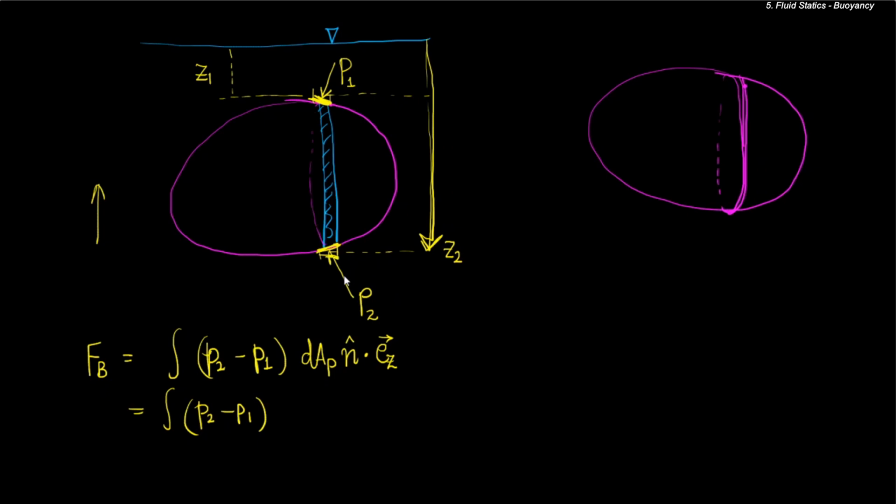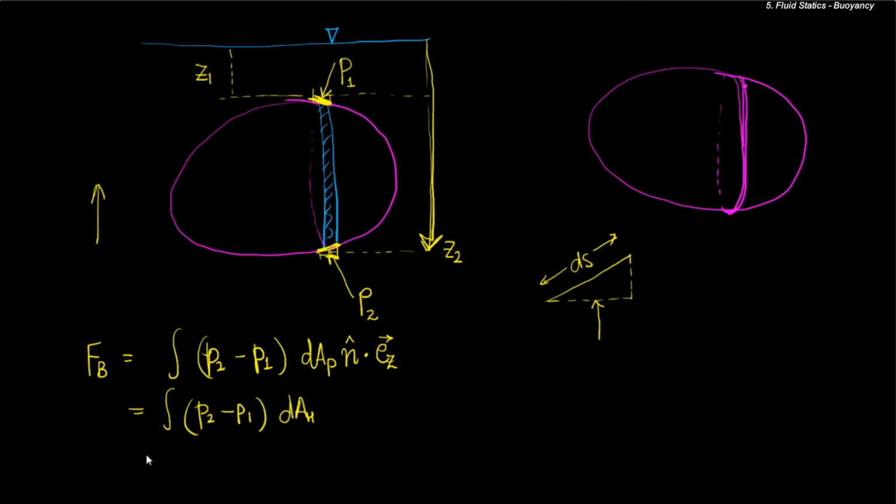We had done a similar thing in the last class for the dam problem. The vertical force is found by projecting ds onto the x-axis, so this becomes dA horizontal. This force is acting in the z direction.